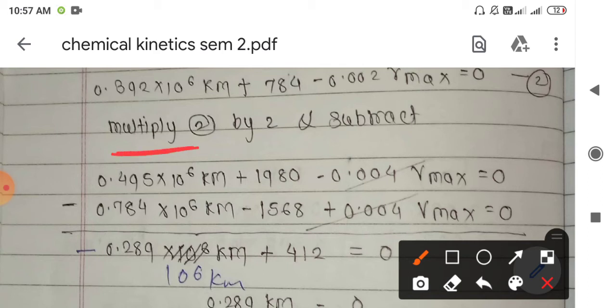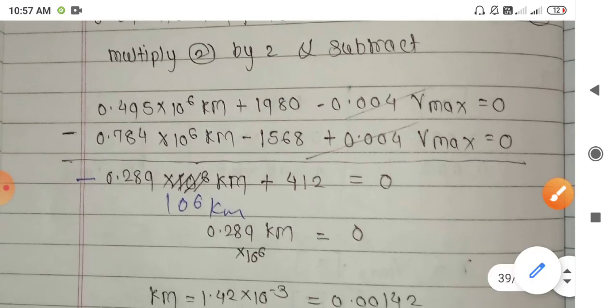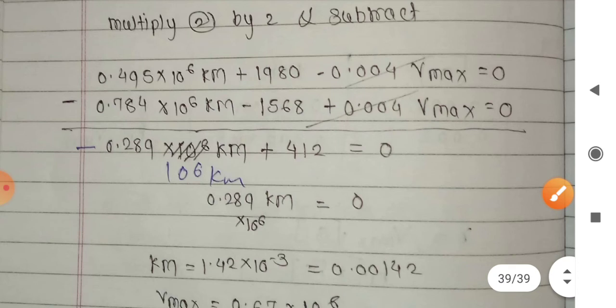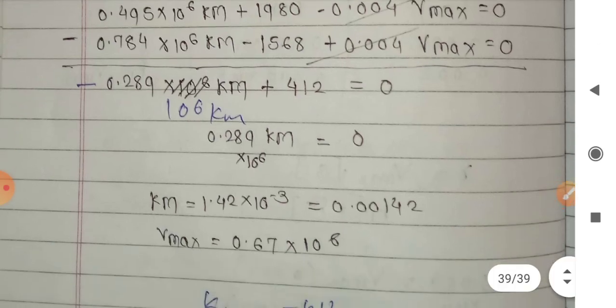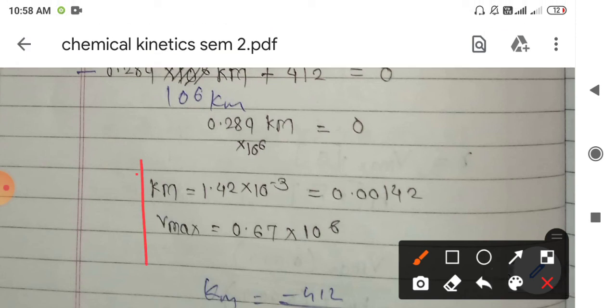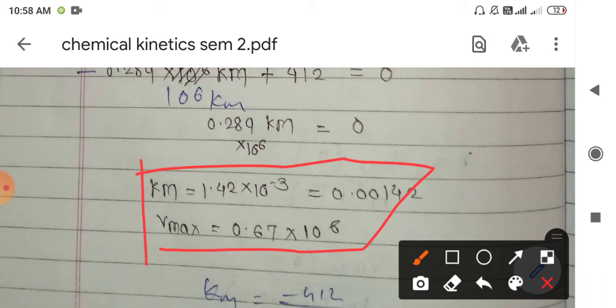Simply multiply by a certain constant so as to eliminate one of the variables, obtain the first one, and then substitute the obtained value in either equation to obtain the second variable. The answer should be Km equal to 1.42 into 10 raised to minus 3, and the maximum rate Vmax is equal to 0.67 into 10 raised to 6.